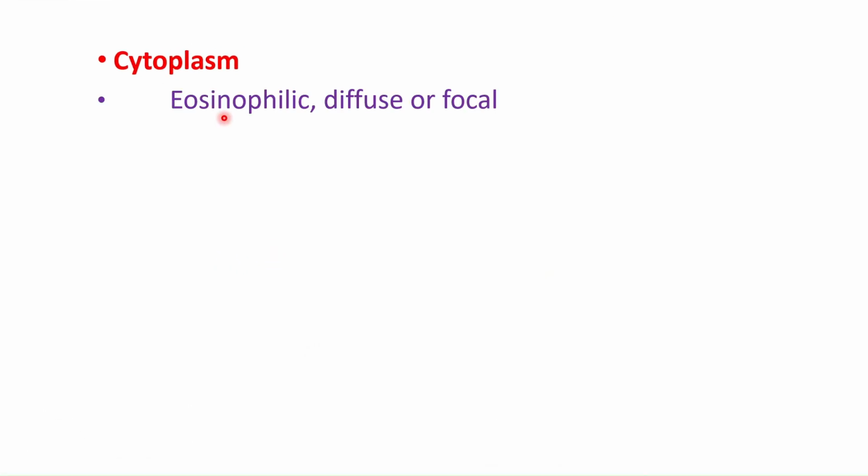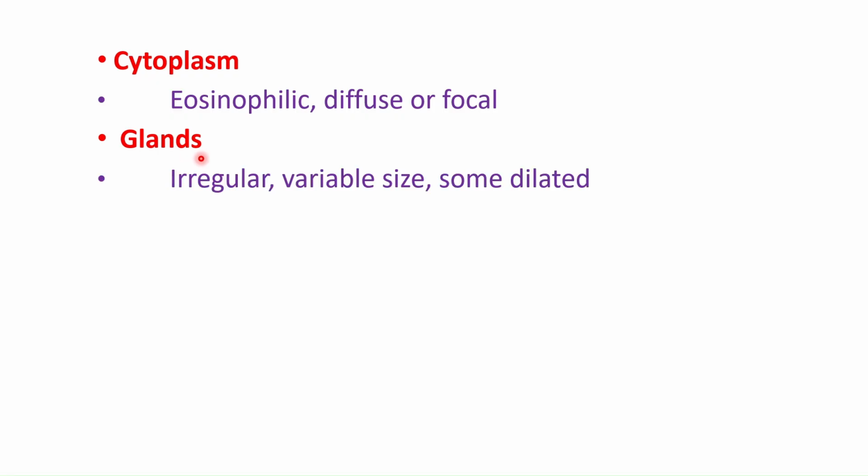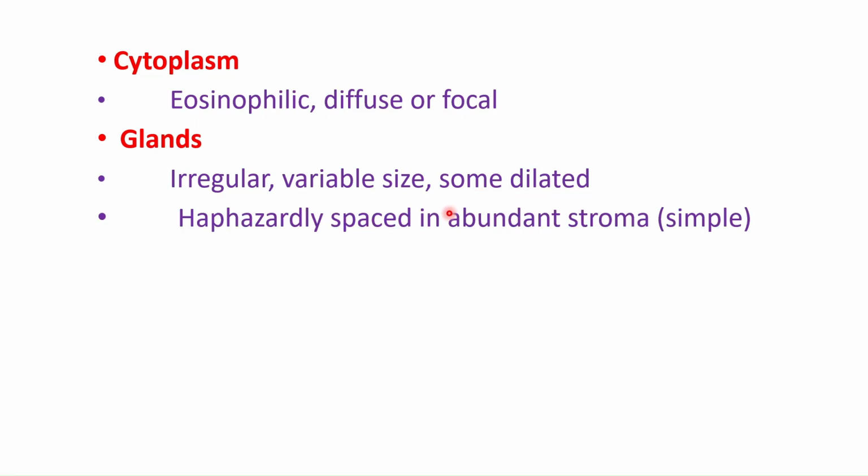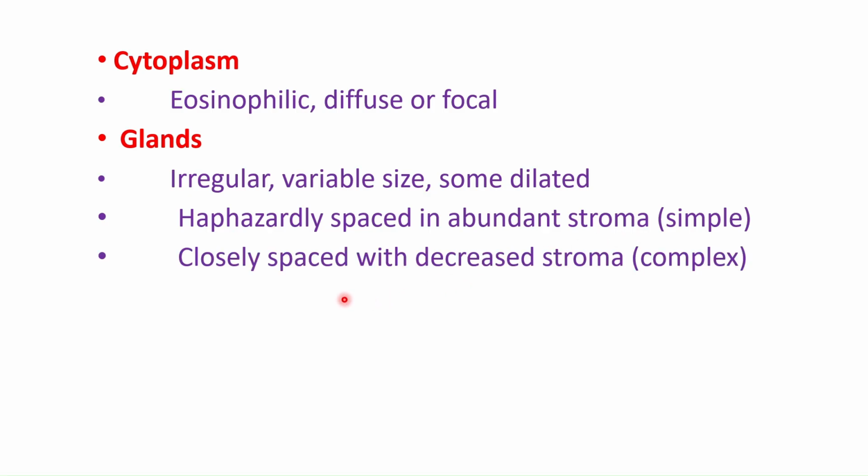Now cytoplasm, if we see, is mostly eosinophilic, and diffuse or focal cytoplasmic vacuoles are there. Glands are irregular, variable in size, and some of the glands are dilated. If they are haphazardly spaced in abundant stroma, it was previously known as simple hyperplasia with atypia.